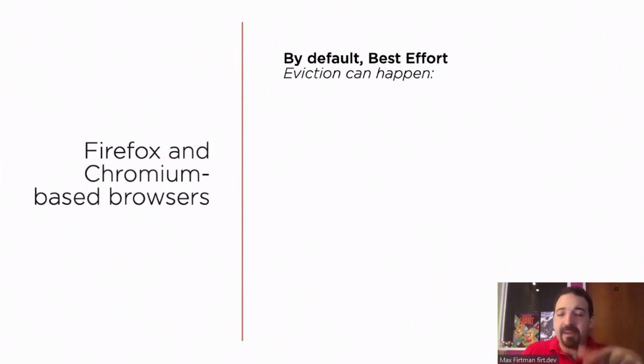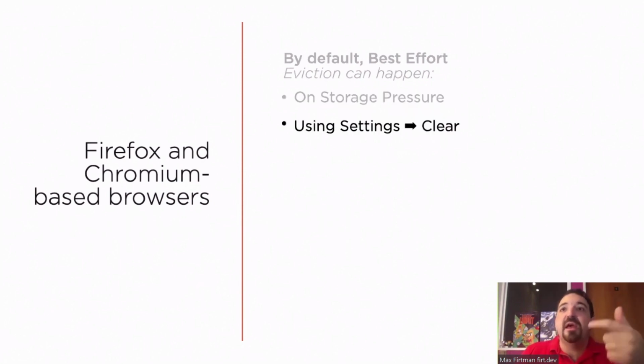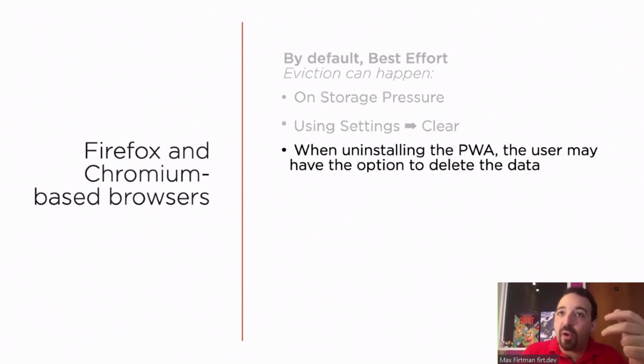Now, let's talk about the other world. In this case, we are talking about Firefox and also every Chromium-based browser, including Google Chrome, Samsung Internet Browser, Microsoft Edge, Brave, Opera, and many others. By default, best effort policy is being applied. So eviction can happen on storage pressure, clearing in the settings, or when uninstalling the PWA, the user has the option to delete the data.